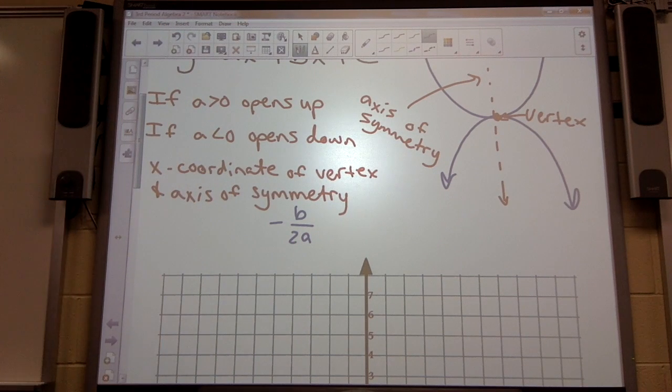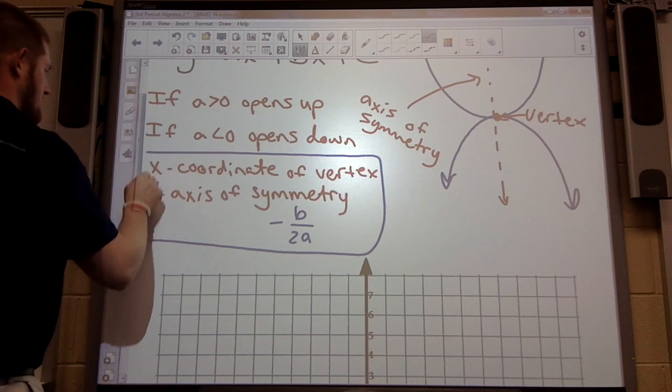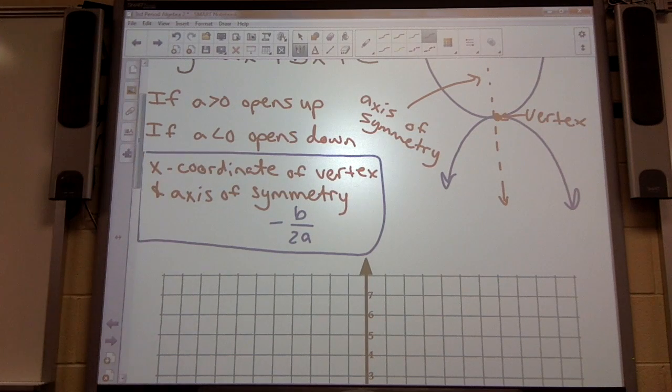Okay, negative b over 2a. This is going to be very important for us. The rest of it we can figure out by process of elimination. Okay, but this is going to be very important for us.